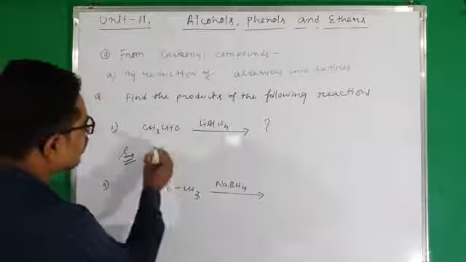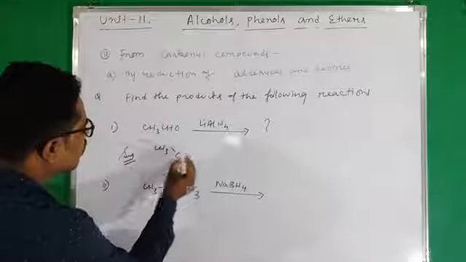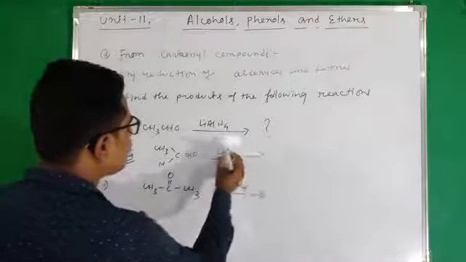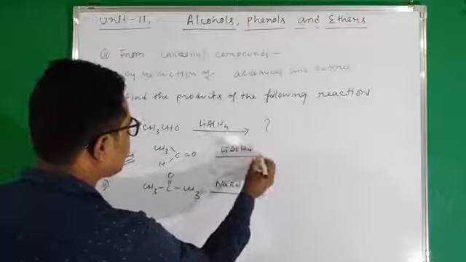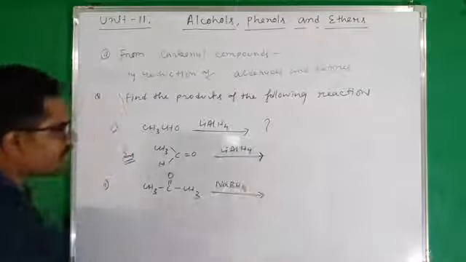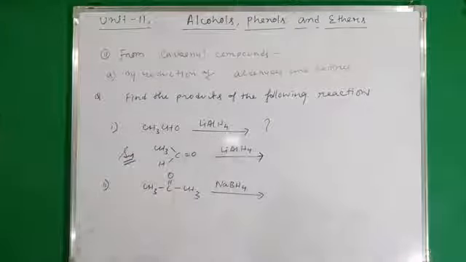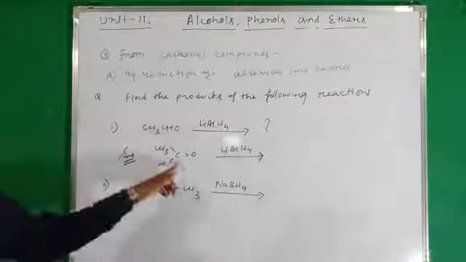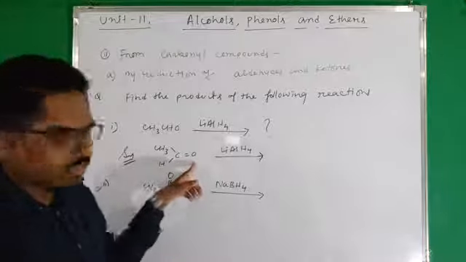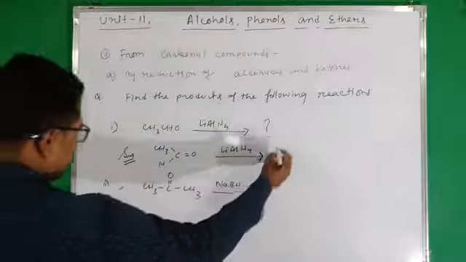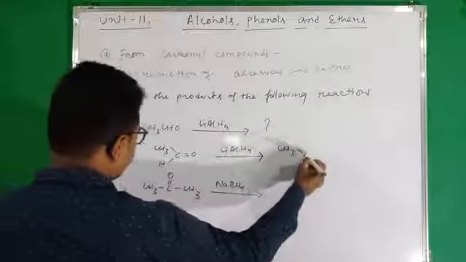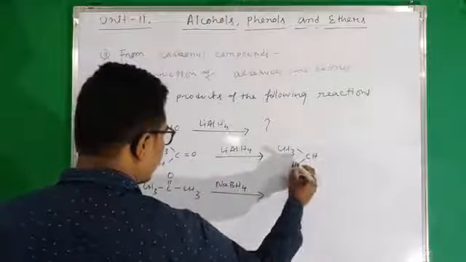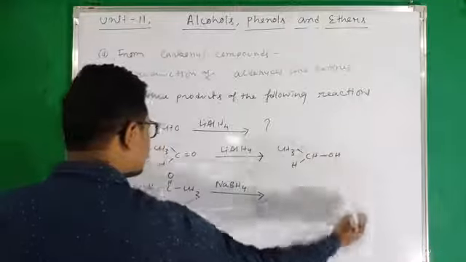Now we are using lithium aluminium hydride, and since lithium aluminium hydride is a reducing agent, addition of hydrogen will occur to the carbon oxygen double bond, resulting in this alcohol CH3CH, again H, single bond OH.